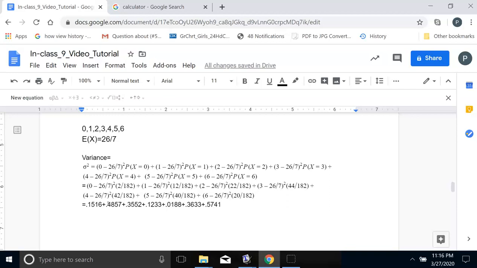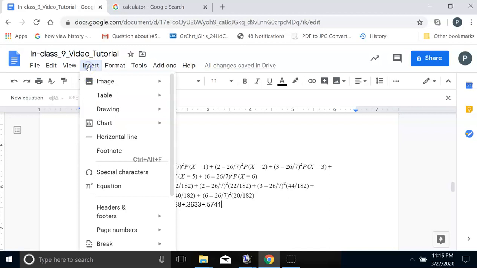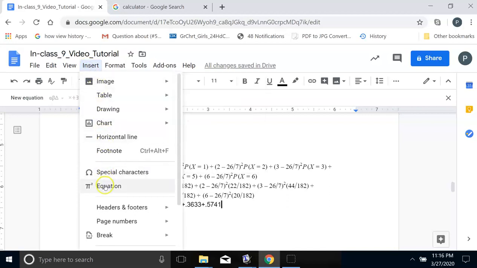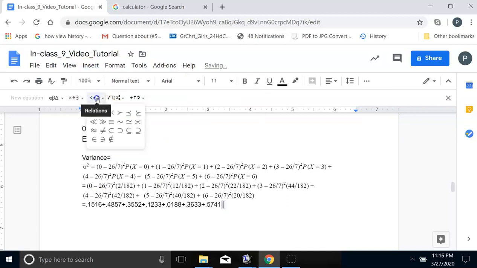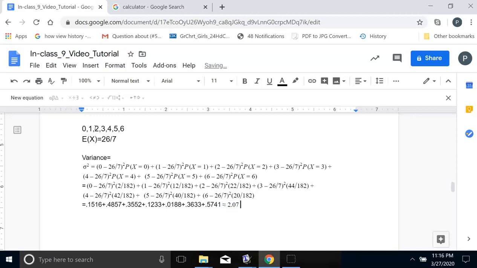And then if you add these up, you can check it's roughly equal to 2.07. So that's our variance.